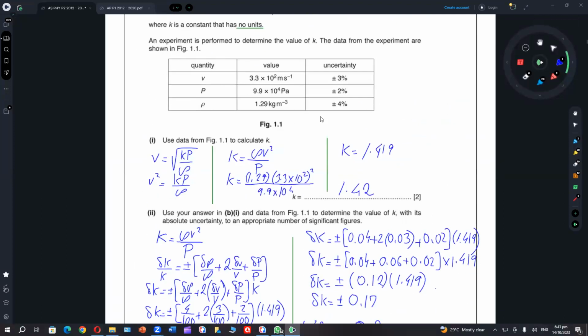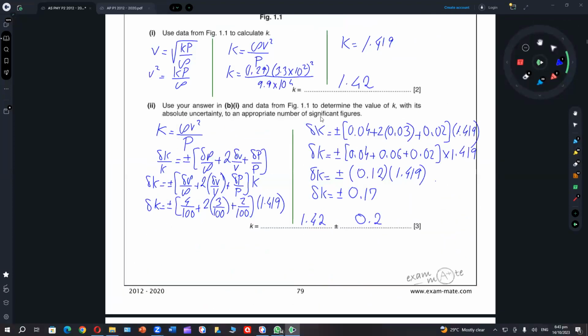So this question is completed, and we have focused mainly on basic uncertainties because that topic is the challenging one. Other topics we have covered before also.